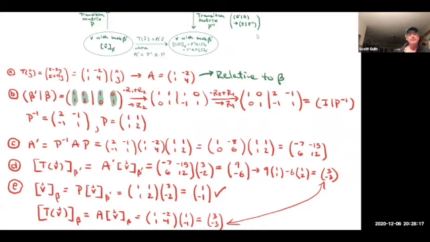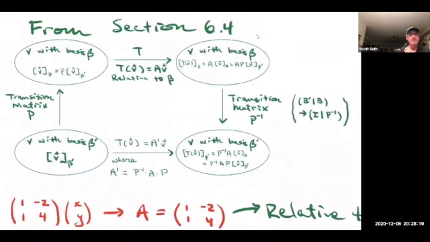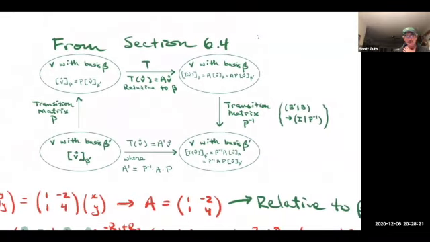Now, just to remind you of the diagram from section 6.4, if you're trying to transform vectors relative to beta prime under the same linear transformation, the matrix for the transformation relative to beta prime is P inverse AP. We just computed P inverse and P, and A was the initial matrix that we've got down here. So to do the transformation relative to beta prime, we need to do this transition.